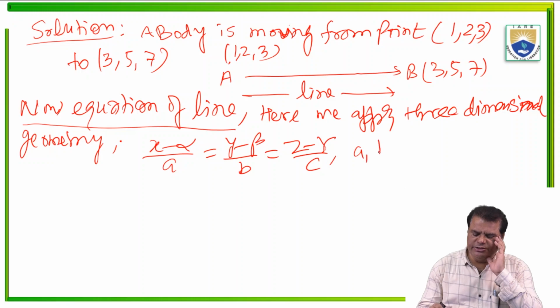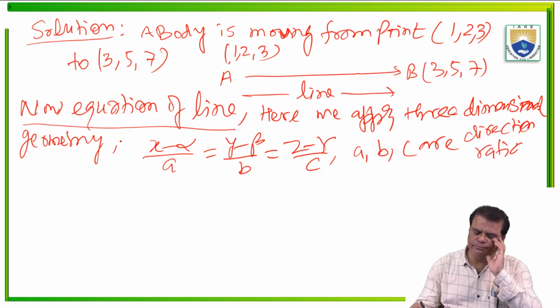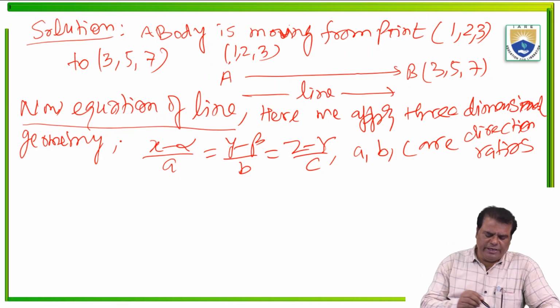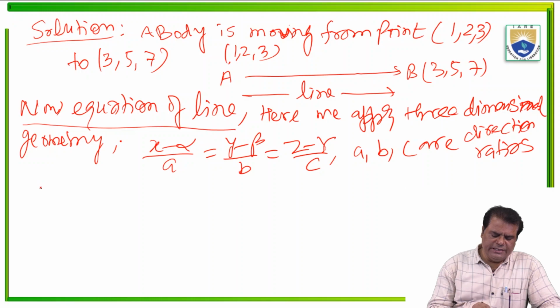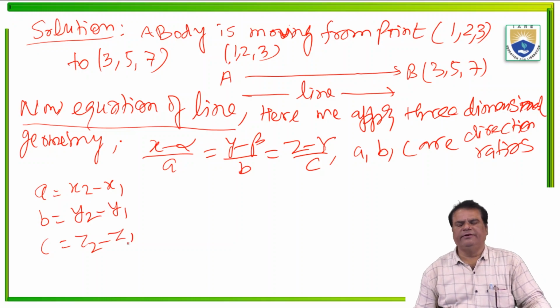where a, b, c are direction ratios. So basically a equals x2 minus x1, b equals y2 minus y1, and c equals z2 minus z1.